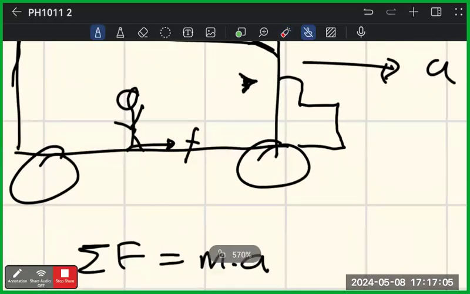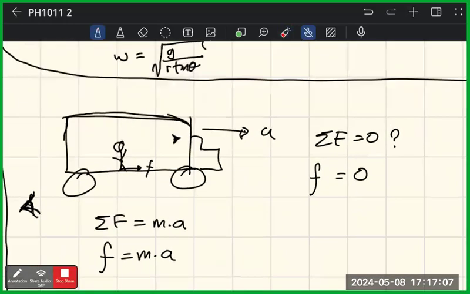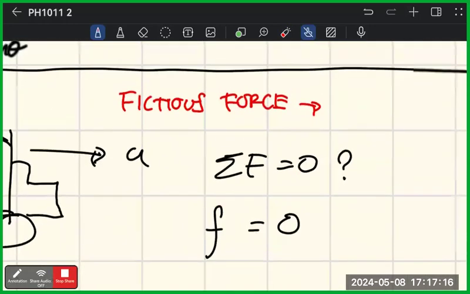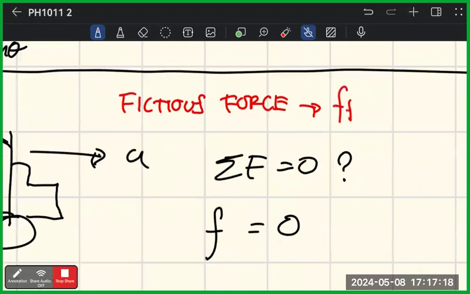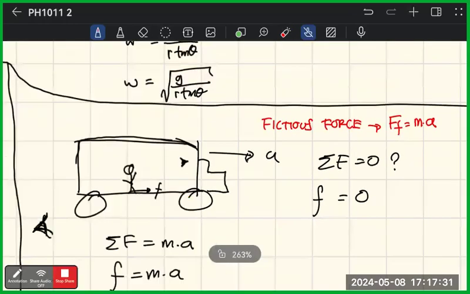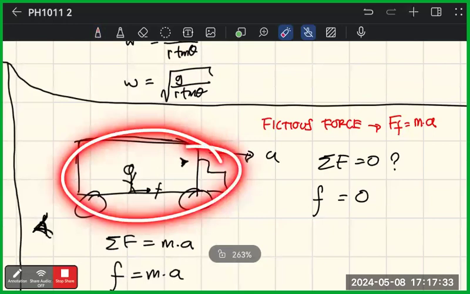Before that, I'll just say that fictitious force will have the formula F fictitious, we will use FF here, equals the mass of the object that experiences the fictitious force times the acceleration of the reference, the acceleration of the truck in this case, because the truck is moving.